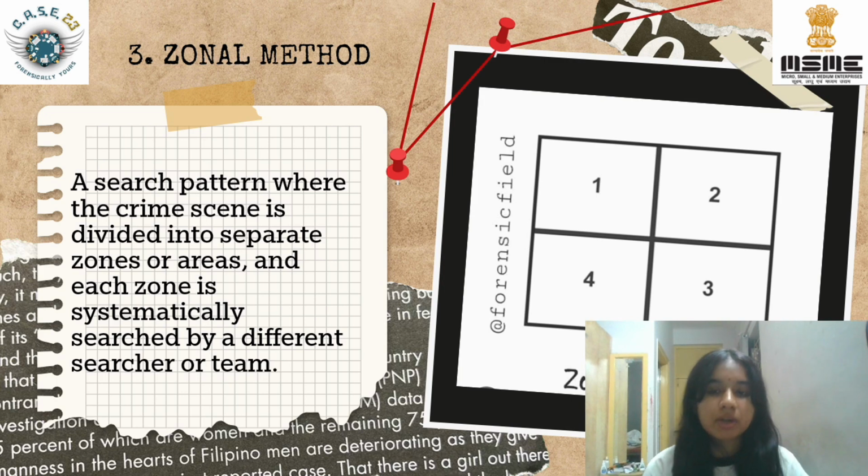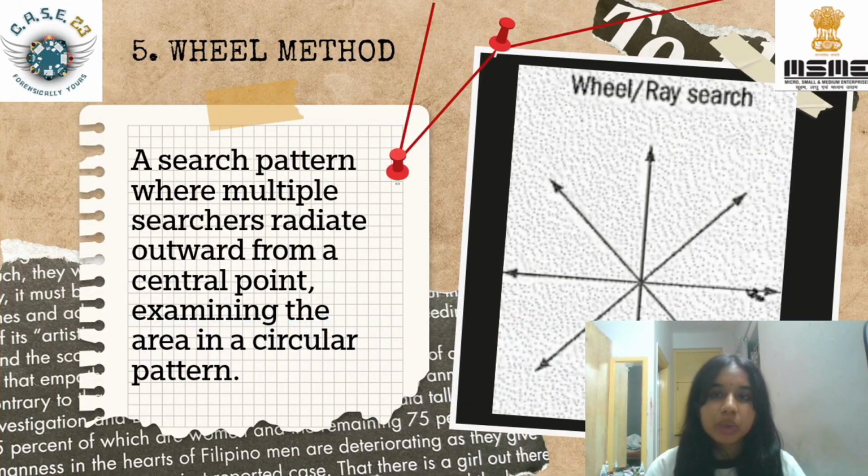So let's talk about the next method, which is the wheel method. In the wheel method, we will be discussing how the investigating officer moves from his place. It is a search pattern where multiple searchers radiate outward from a central point, examining the area in a circular pattern.